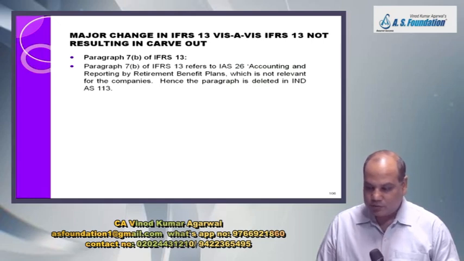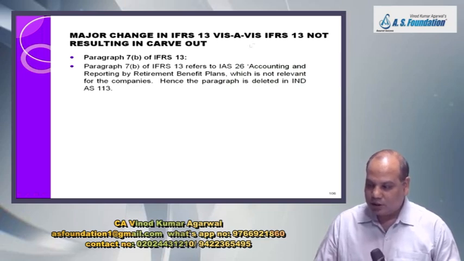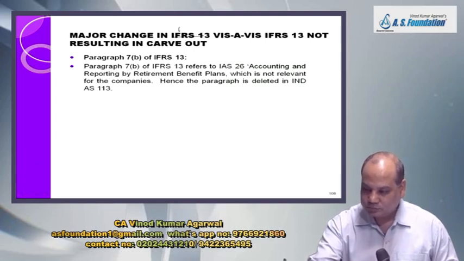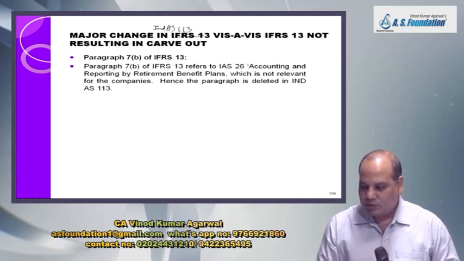What is the difference between IFRS 13 and Ind AS 13? In your book I have written Ind AS 113 and IFRS 13. Is there any difference? No major difference. The two standards are almost copy-paste versions of each other.